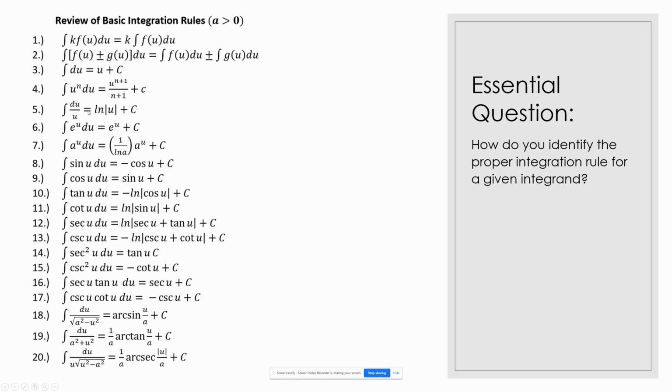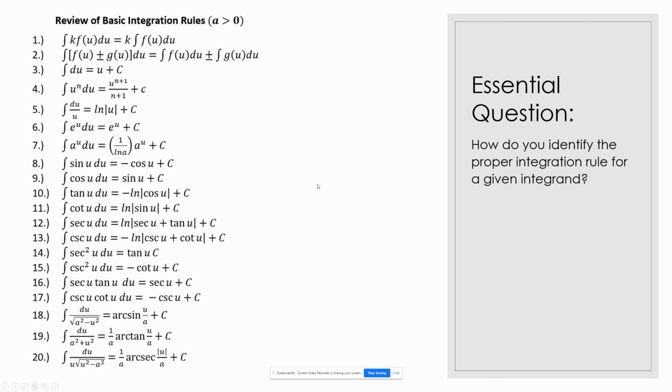If you have a function in the denominator and its derivative is in the numerator, you can apply this log rule. This is our e to the u. This one I don't know if we have memorized, but up until 6 we have them memorized. We have 8 and 9 memorized. And then beyond that, you're going to want to have this table in front of you.